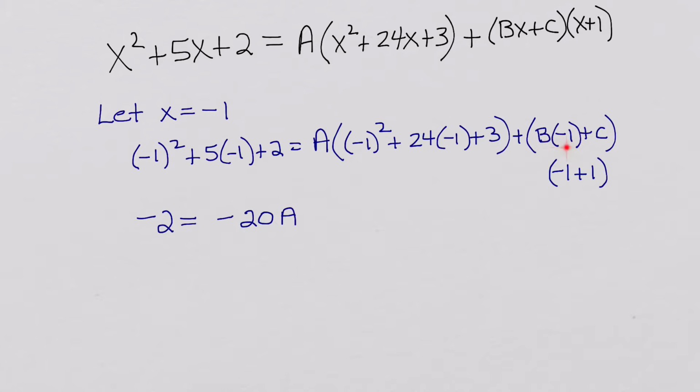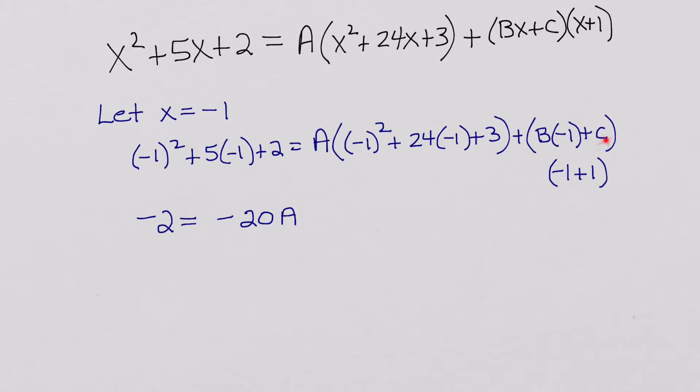I have b times negative 1 plus c, but that's multiplied by negative 1 plus 1. I had to write it underneath here, but it's really multiplied. So, since negative 1 plus 1 equals 0, and 0 times anything, even if I don't know what it is, 0 times anything at all equals 0.